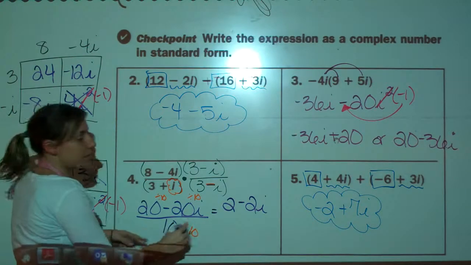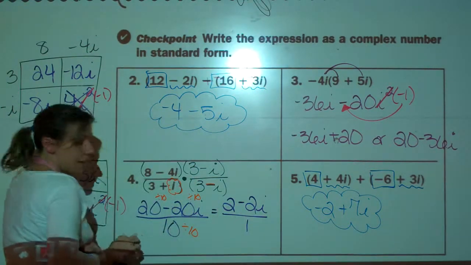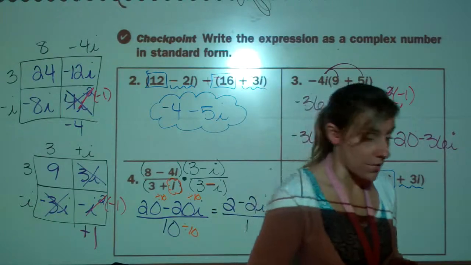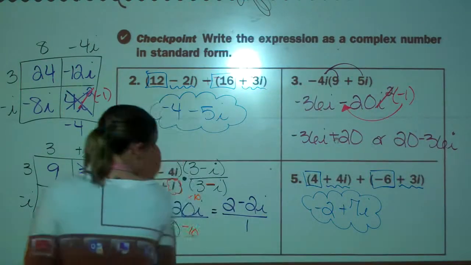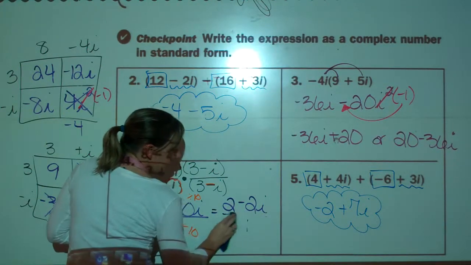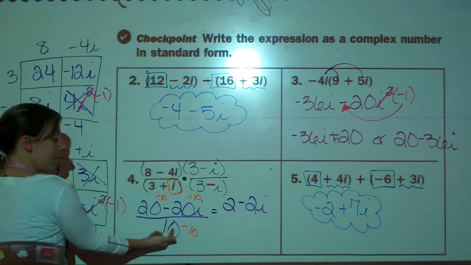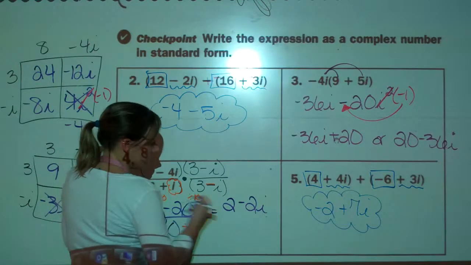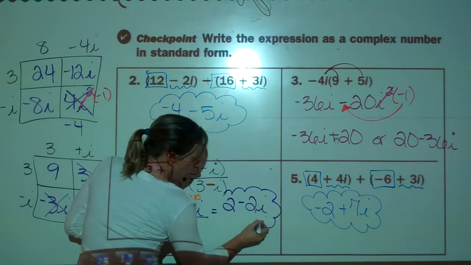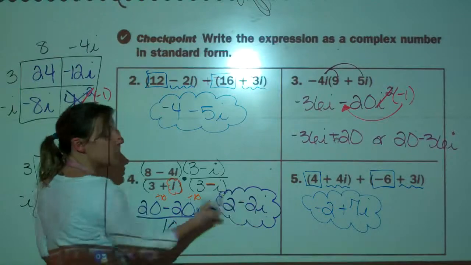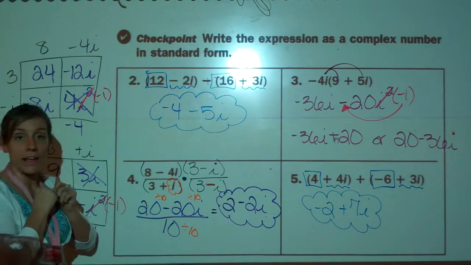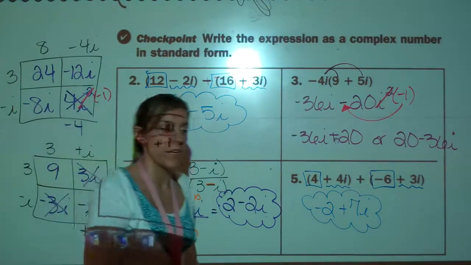And then 10 divided by 10 is just the number 1. And since it's over a 1, 1s are automatic, so you actually don't even have to write it. That's the whole point, is that I actually just divided each of those by that 10, and it reduced all the way down to just a basic 2 and 2i. And we've got to keep practicing that because we're going to see that a bunch of times as we go.